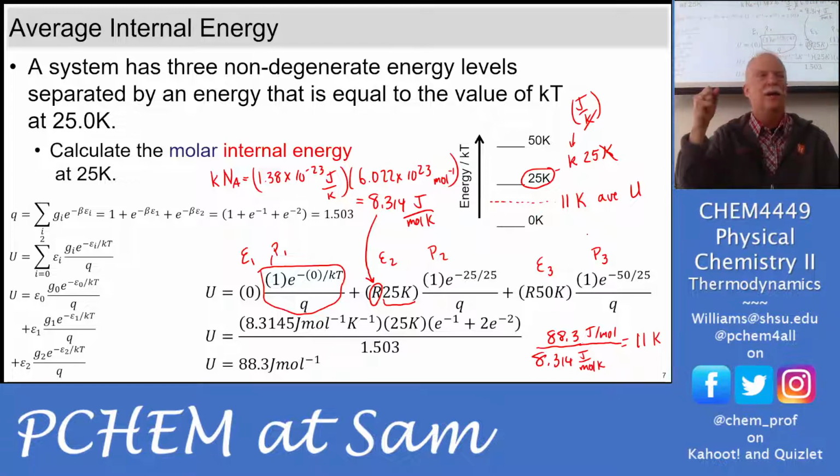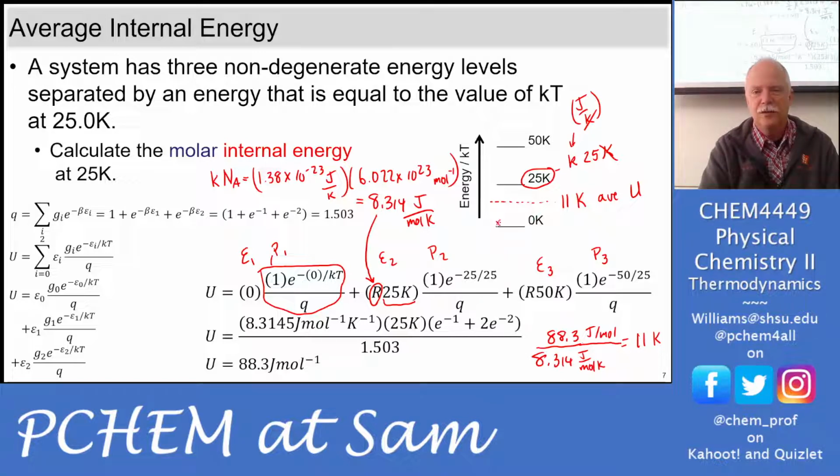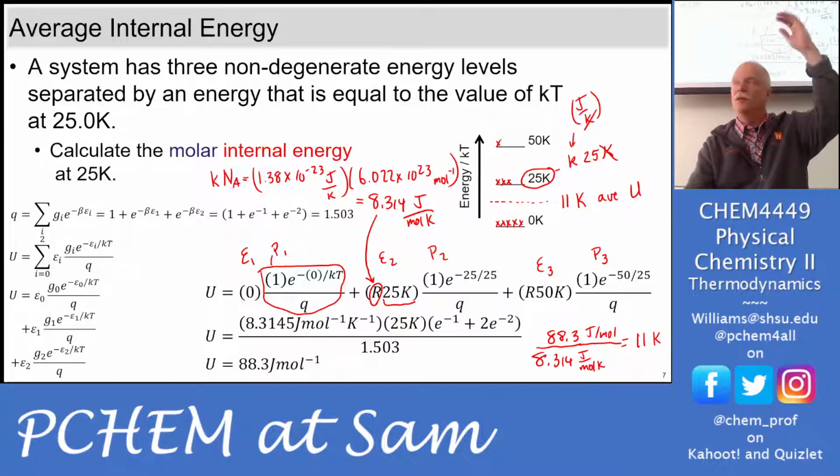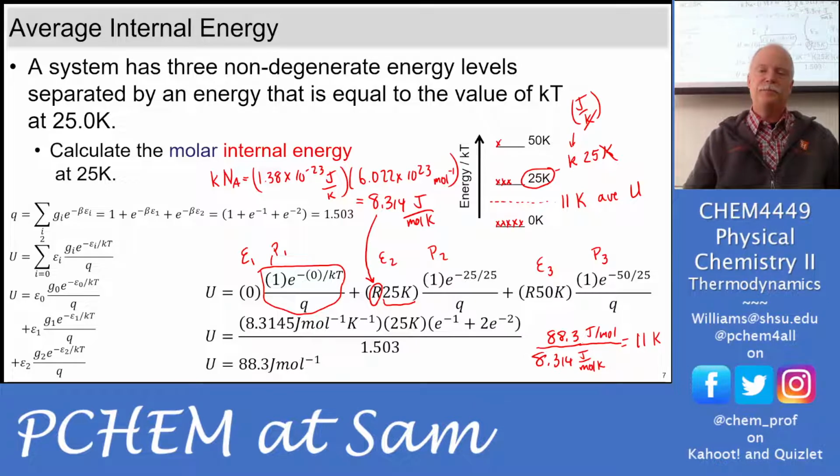We pull them out and measure their energy, and then we pull some out, and we get a few 25s, and only very rarely do we get a 50. And if we take the average of all the experiments that we did, our average value would be 11 Kelvin. Okay. Because that's that thermal distribution. We have a lot of molecules in the ground state. We have a few in the first excited state and very few in the upper state. That's those Boltzmann probabilities that we get for those.